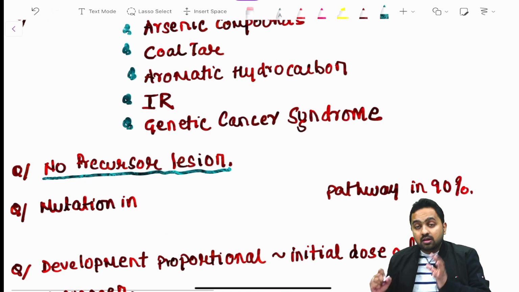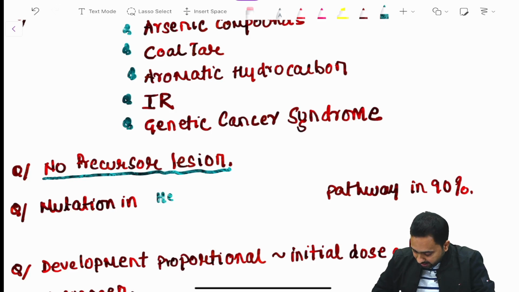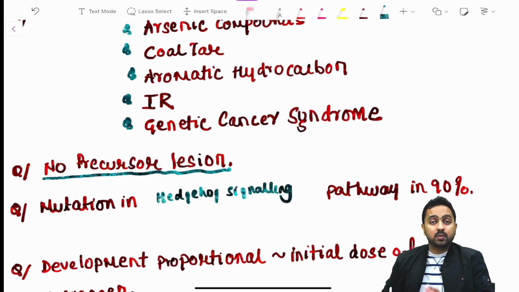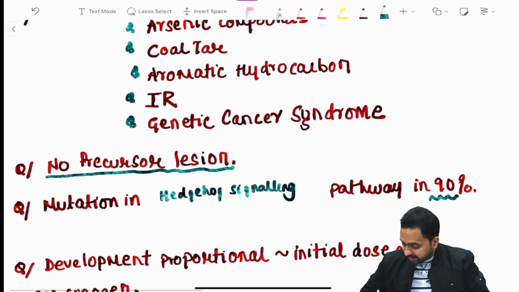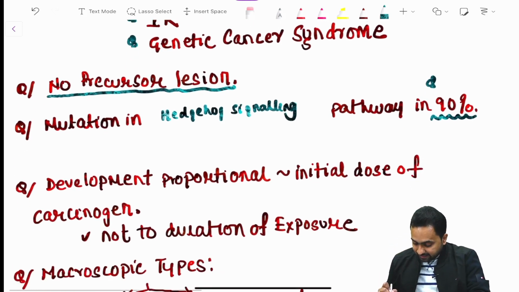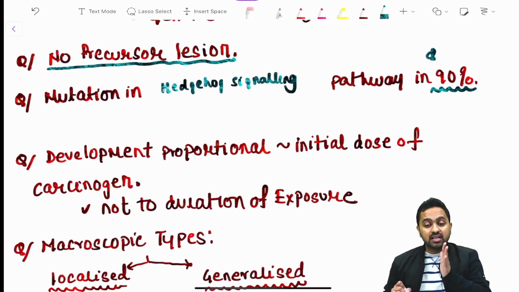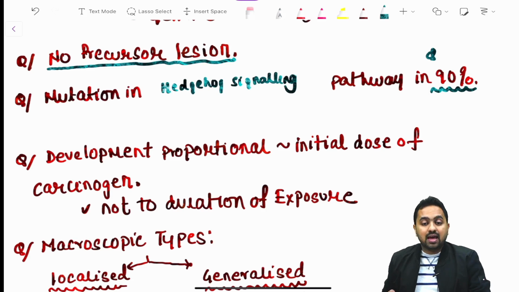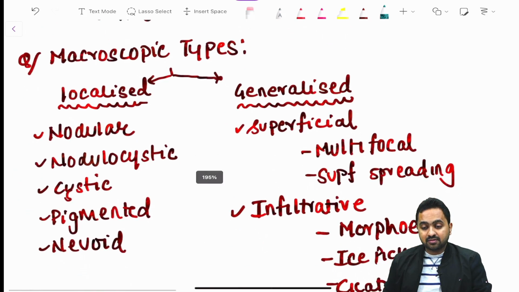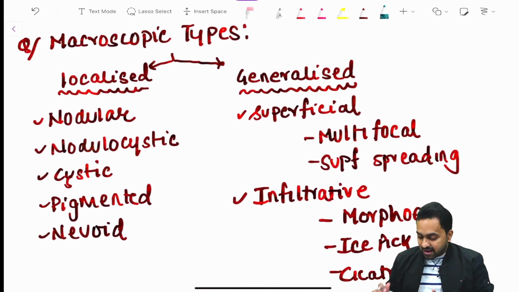Now, mutation in the hedgehog signaling pathway occurs in approximately 90% of the patients, right? And the development is proportional to the initial dose of carcinogen, and it is not related to the duration of exposure. And the various types of basal cell carcinoma can be classified as localized and generalized.